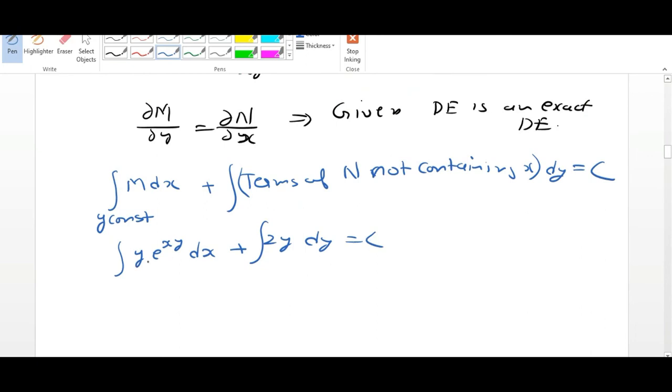So now we are treating y as constant, so this y comes outside, and moreover in our mind we can put this y as a, so that integration will become easy for you. Now we know that integral of e raised to power ax is equal to e raised to power ax divided by a, which is y, and integral of 2y is y square by 2 plus some constant c.